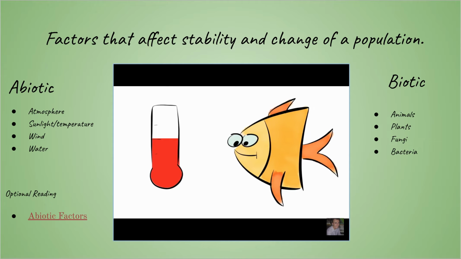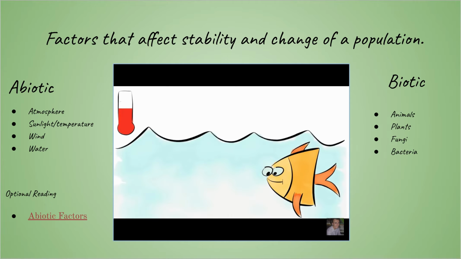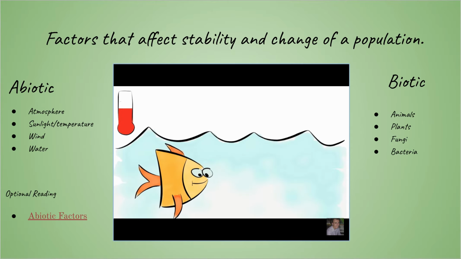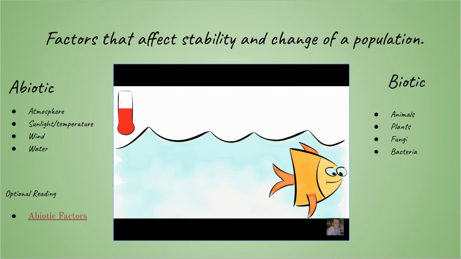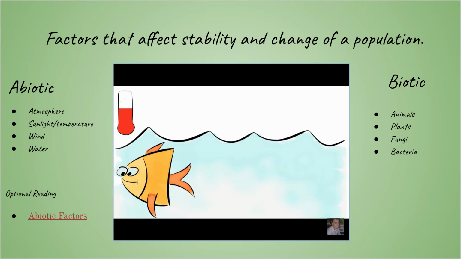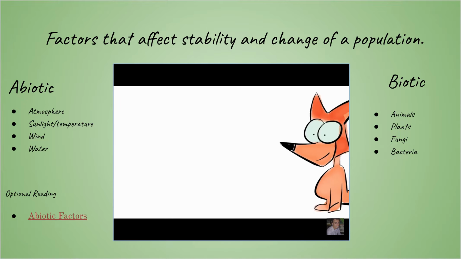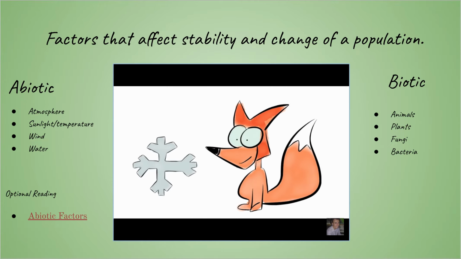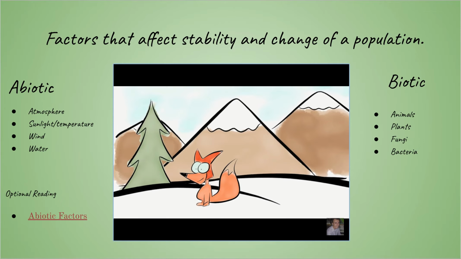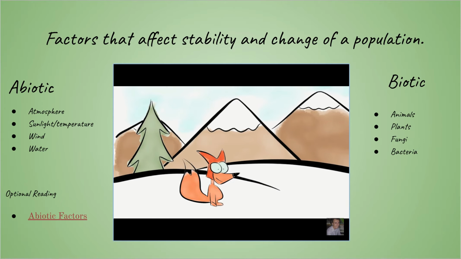Fish and temperature also show the interaction between the living and the non-living. A fish's body temperature matches its surroundings. Warm tropical waters keep the fish's body operating at an optimal temperature. Another example is fox and the snow. When the temperature drops and the snow starts to fall, some foxes grow a white fur coat.